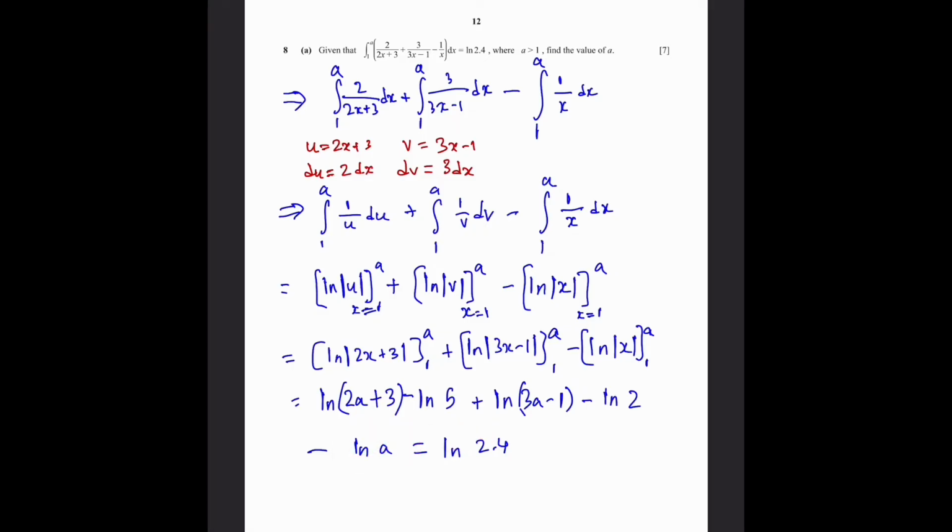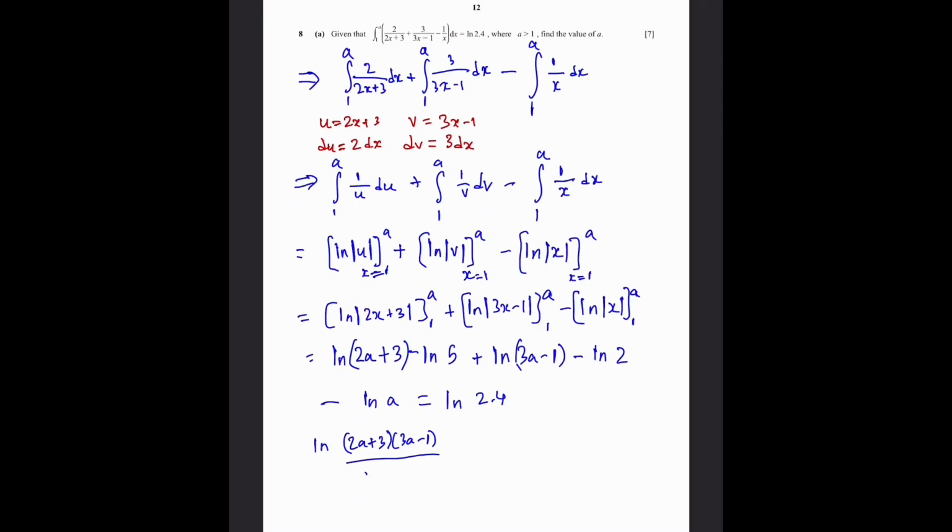So now we can just use logarithmic laws to simplify this. So ln of 2a plus 3 times 3a minus 1 divided by a times 5 times 2 is equal to ln of 2.4, using the fact that ln a plus ln b is equal to ln of ab, and ln a minus ln b is equal to ln of a by b.